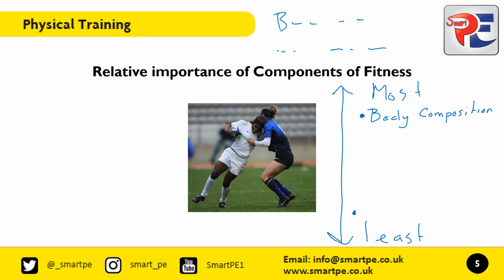I might also think that the least important thing for her specific position, in this particular example, is actually speed. A lot of people would disagree with that and say flankers need to be quick to cover lots of ground. But my justification is that her role on that pitch would actually be important in generating power.